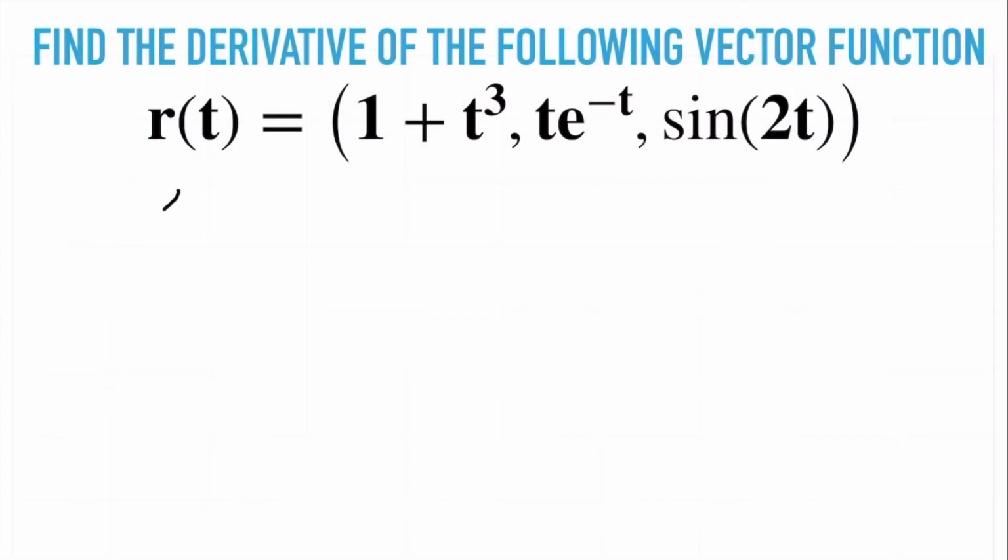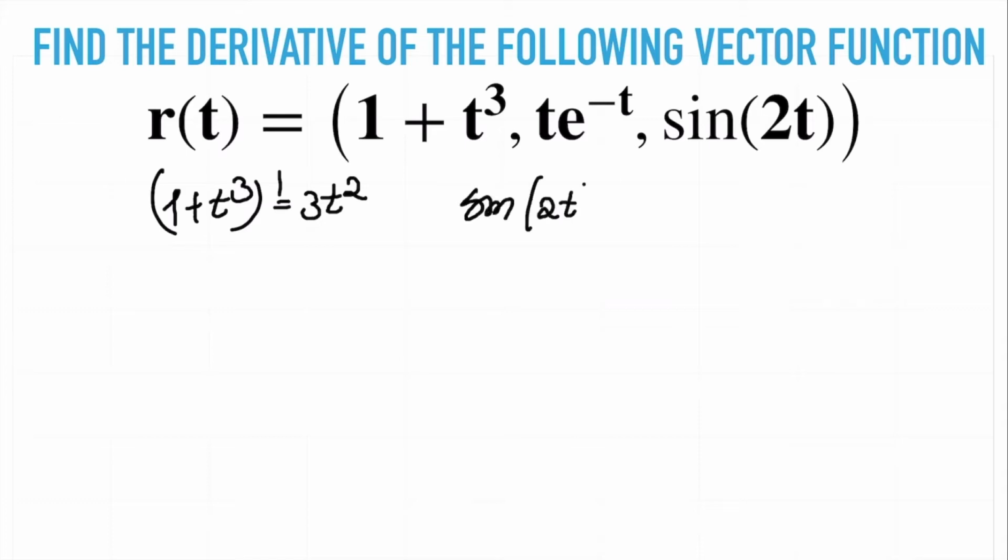The derivative of (1 plus t) cubed is going to be 3t squared, simply. The derivative of sine of 2t is also not so difficult. It's going to be cosine of 2t, but I have to multiply this by 2 because of the chain rule. So I have to multiply additionally by the derivative of 2t.